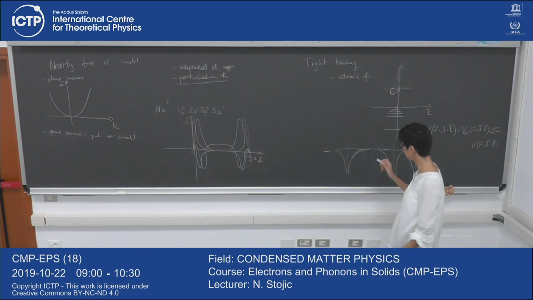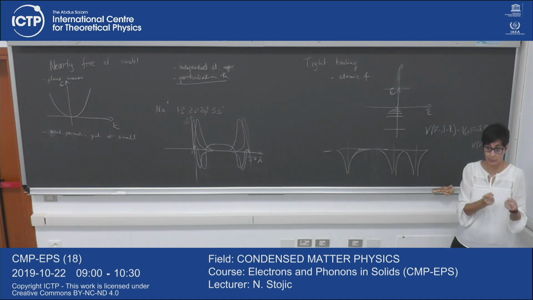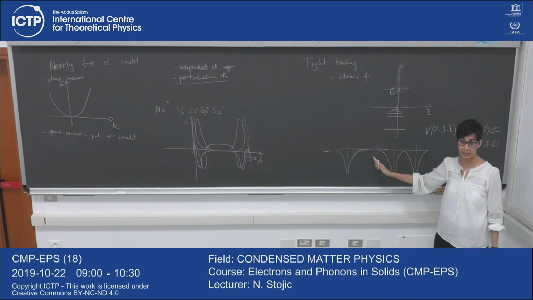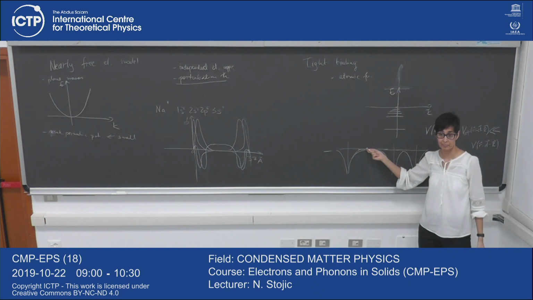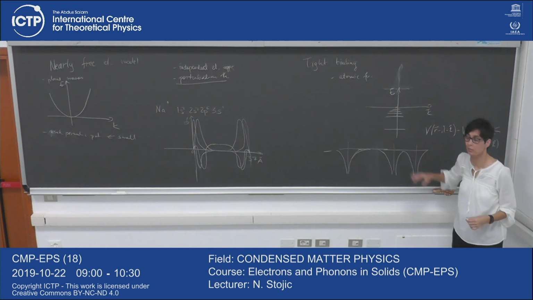Which means that what is left after you remove the atomic potential at that site should be small. That the potential of a single atom should not be extending very far, in other words. So this is the condition.